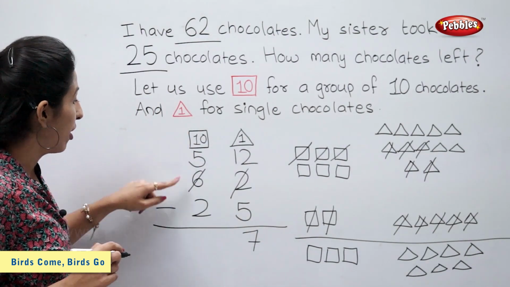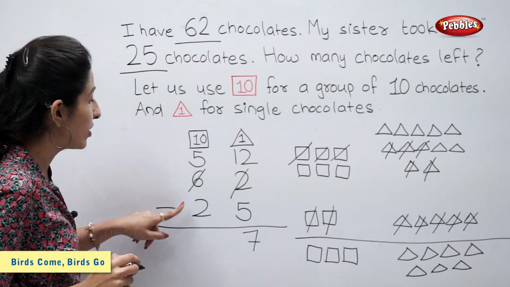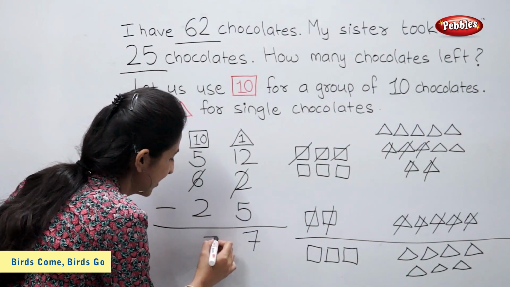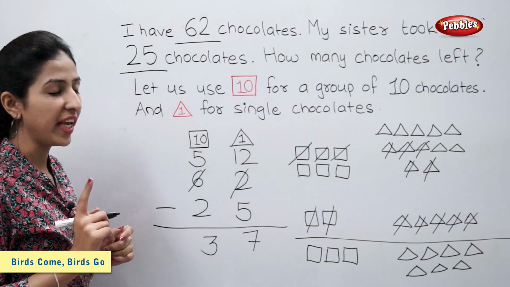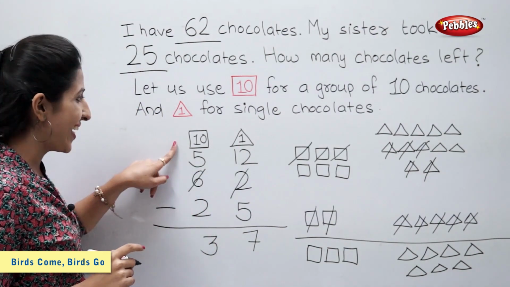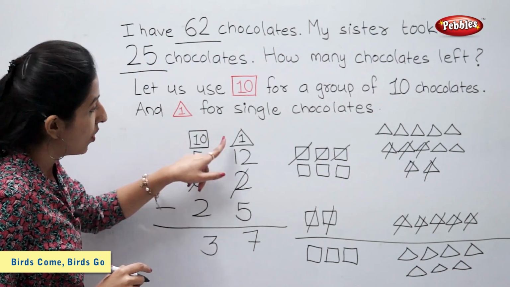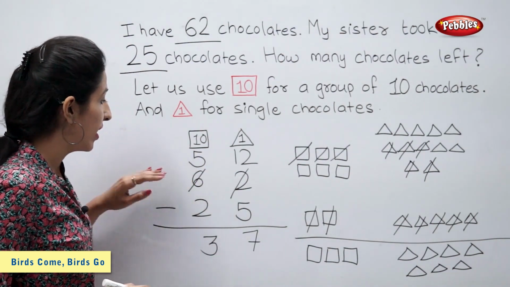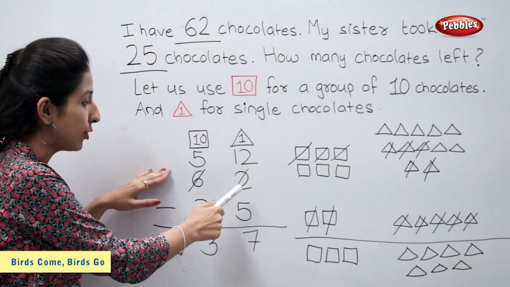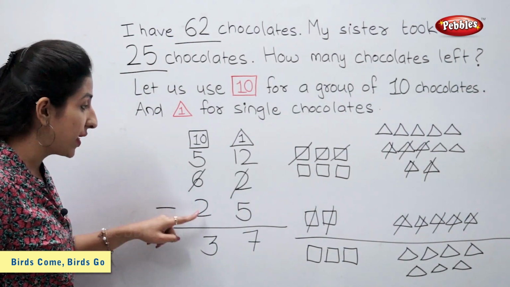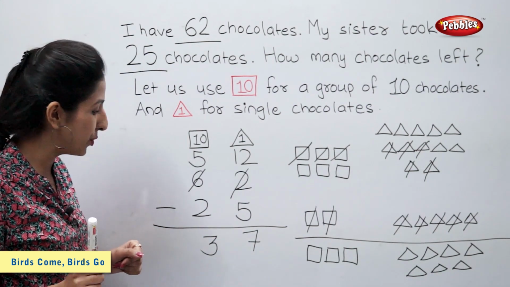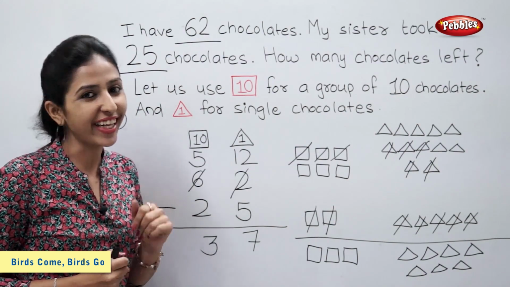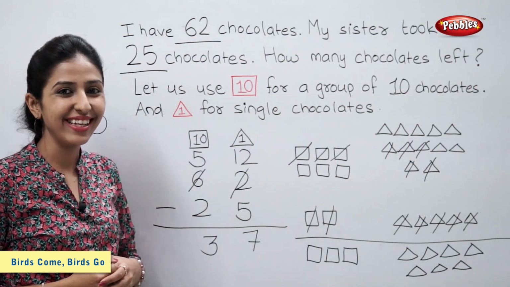Tens. 5 minus 2 is equal to 3. Now we have 3 tens, 7 ones. So the number is 37. So 62 minus 25 is equal to 37. So now there are 37 chocolates left with me.